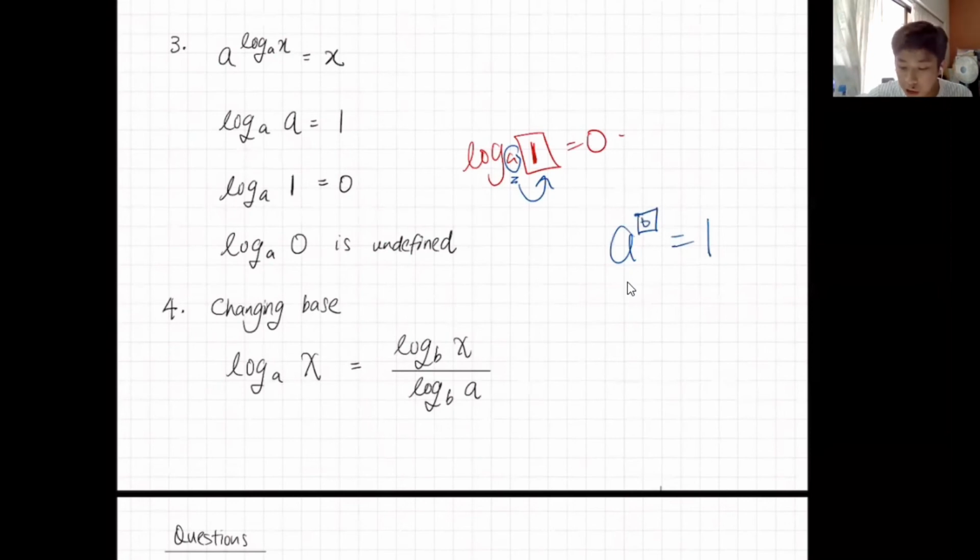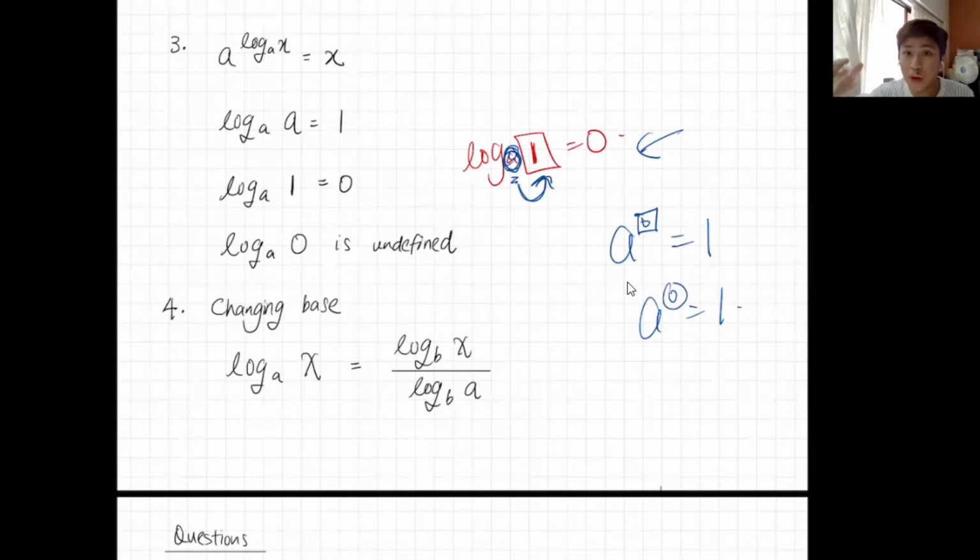You remember? In the lesson we learned a to the power of 0 is 1. So when I look at this log form, a to the power of what gives you 1, you know it's 0 because you learned it in 4.1.